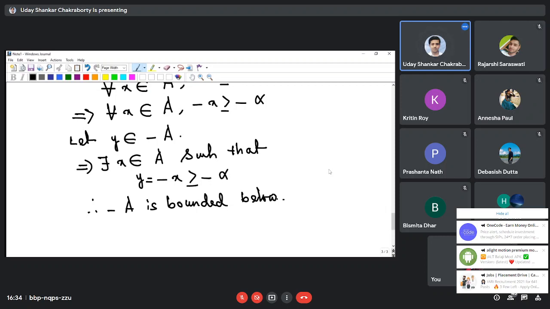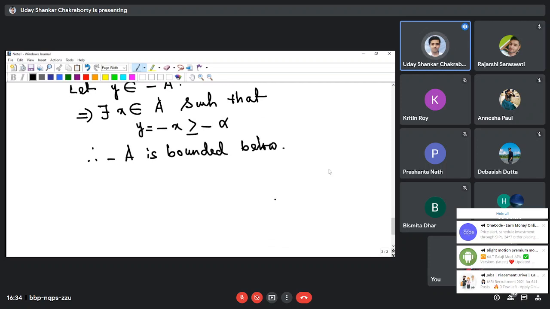Now we have understood another thing: if alpha is an upper bound of a set, then minus alpha is a lower bound of minus of that set.